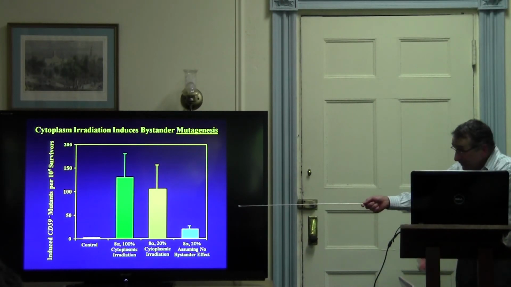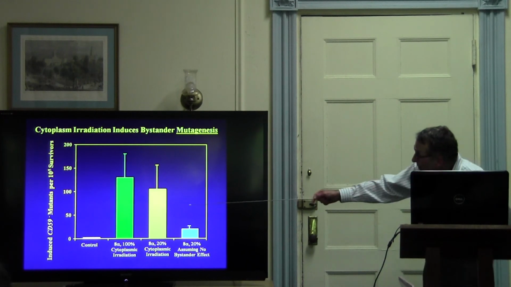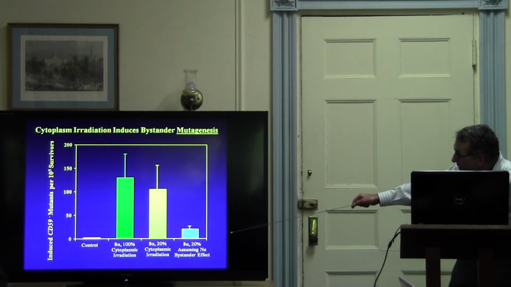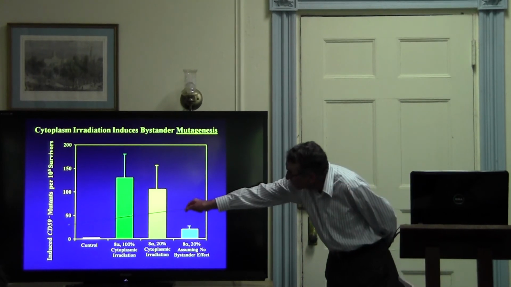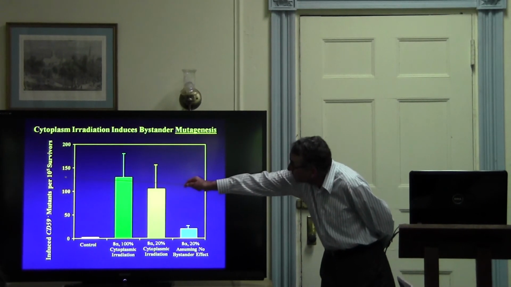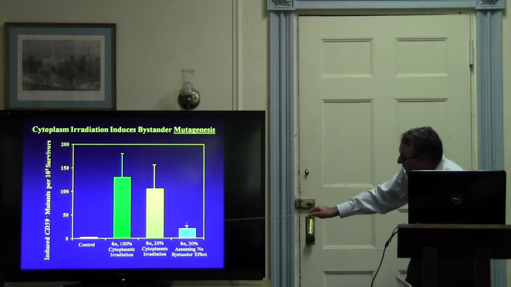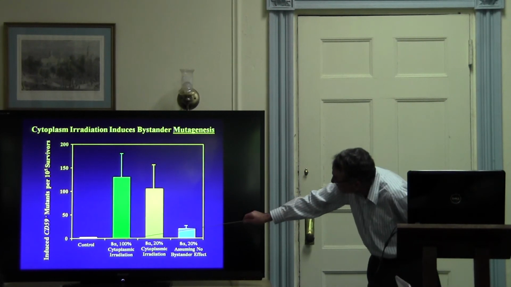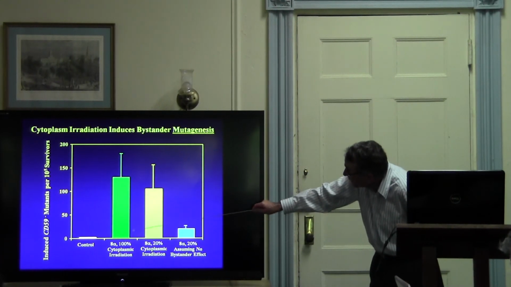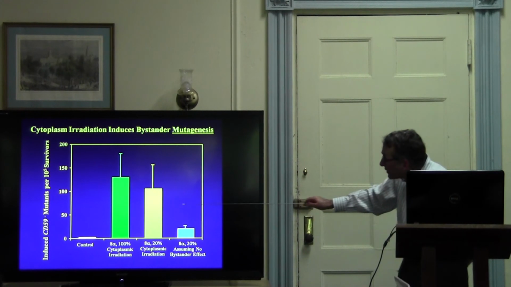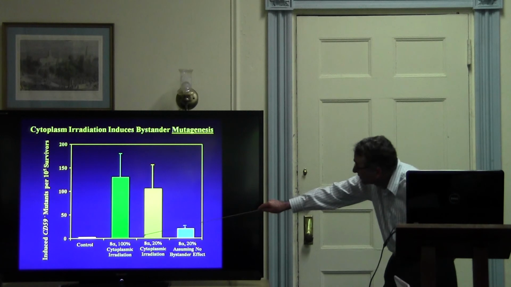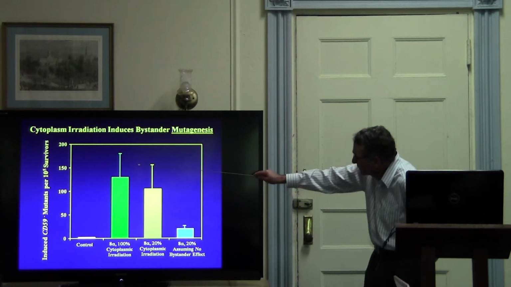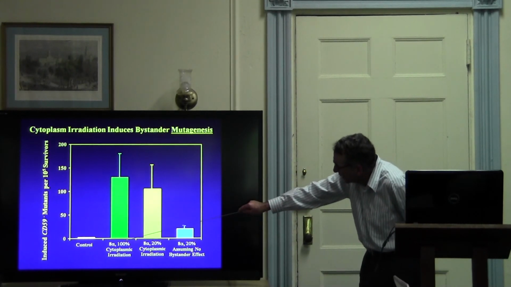And work done here at the Microbeam by Dr. Hayes' group showed a similar thing by measuring mutation frequency in the bystanders, and they see a significant bystander effect. This is irradiating all the cells through the cytoplasm with 8 alphas.